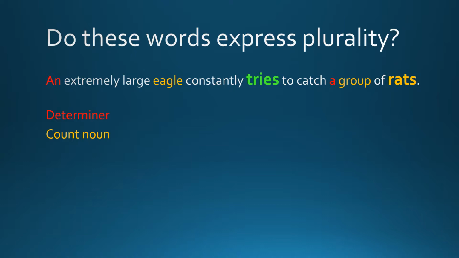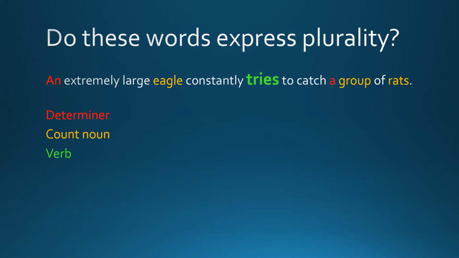Then we've got tries, and tries, of course, does not express plurality, because in this sentence what it expresses is what the eagle is doing. It's the eagle tries to catch a group of rats. So here it's not more than one try, it just is the eagle doing something, and that means that tries is actually a verb.